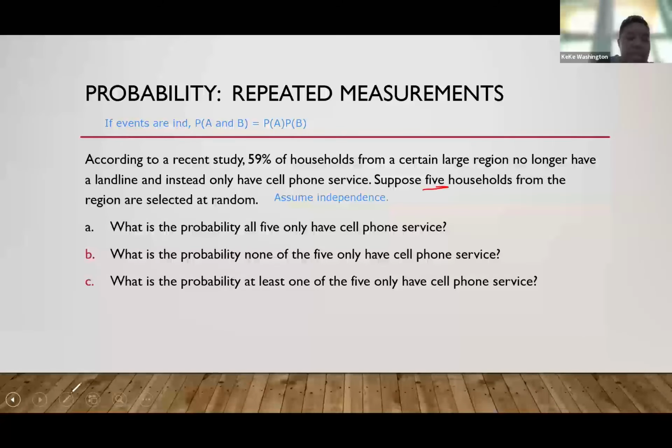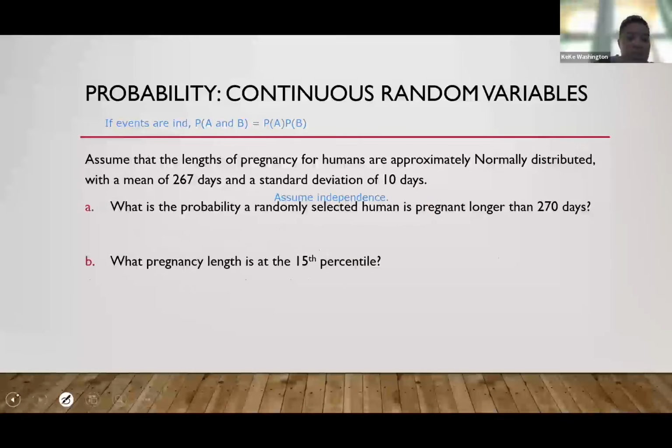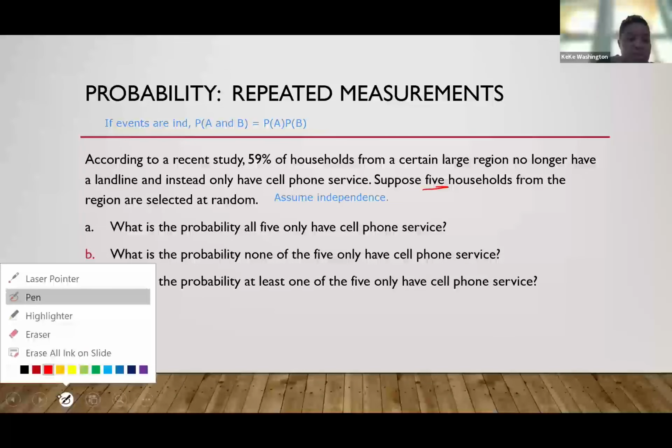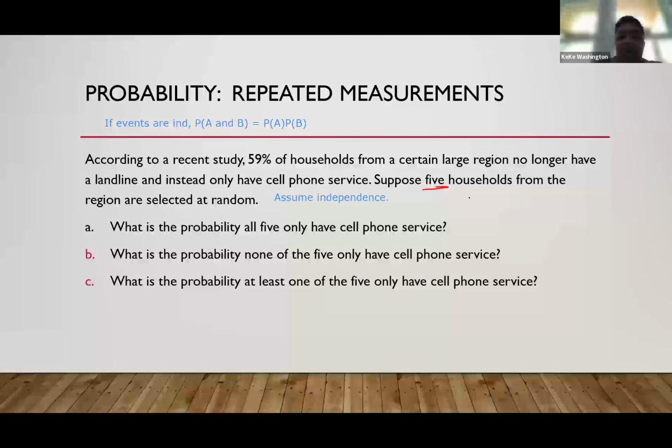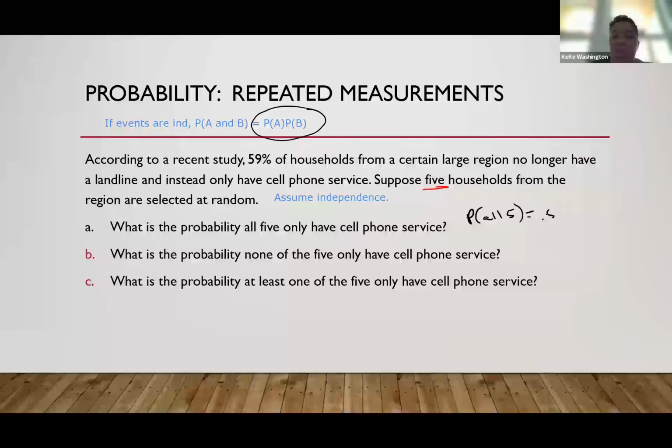Okay, so in this case, the probability of each person is 59%. Being that they're independent, I can multiply the probabilities of each person.